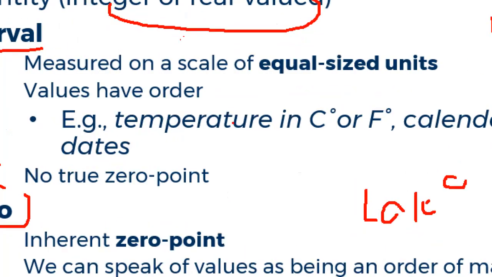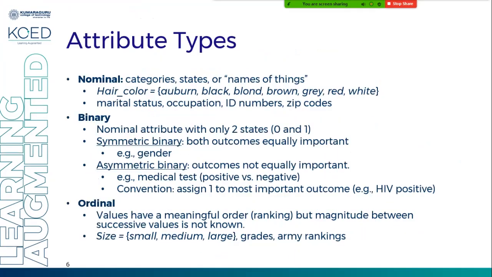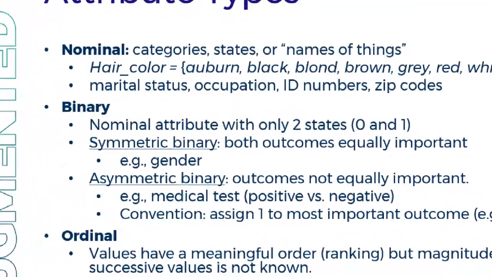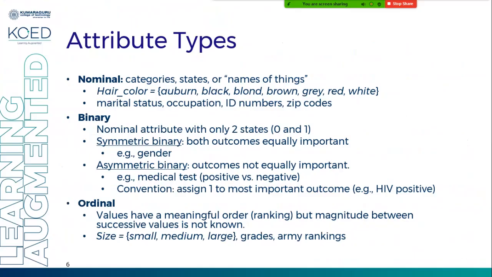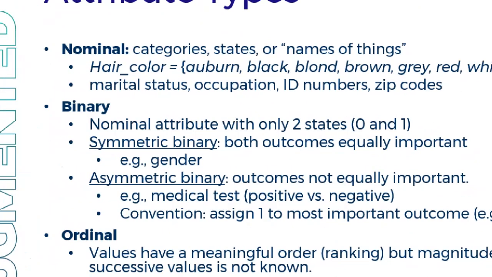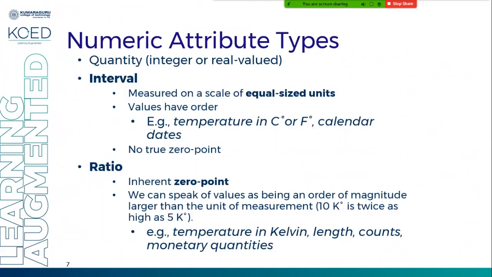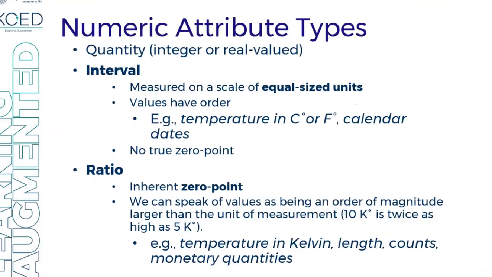What are the various types of attributes? Let me go through them once again. Nominal attributes contain categories, states, and names of things. Binary attributes contain zeros and ones, and can be symmetric or asymmetric. Ordinal attributes have values with a meaningful order. Numeric interval attributes have equal-sized units, like temperature in centigrade or Fahrenheit, and calendar dates.